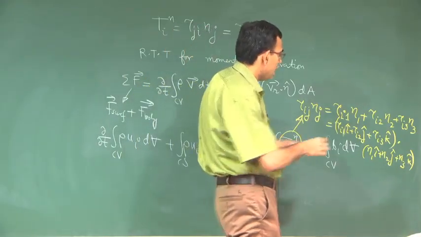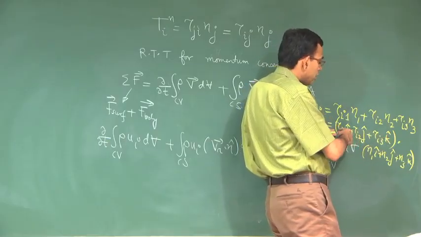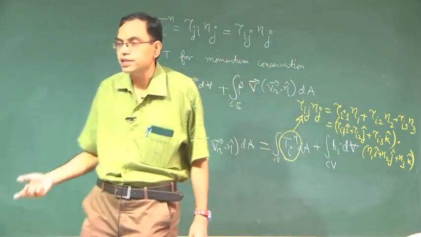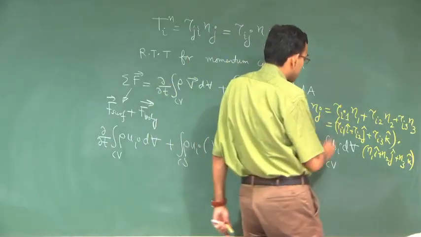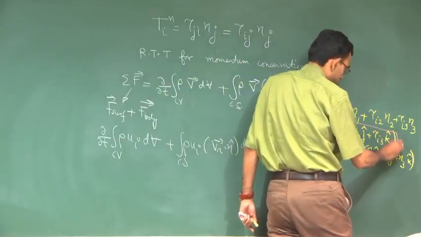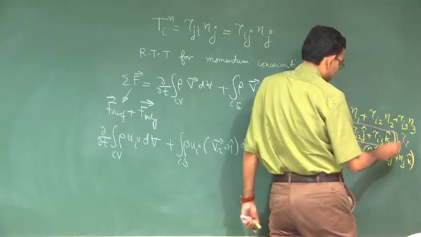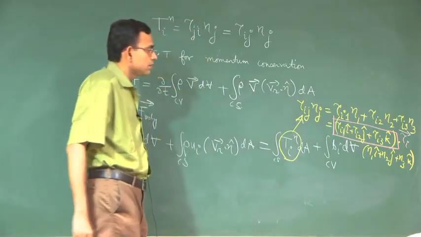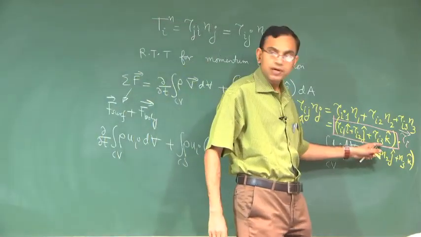So this is an artificial vector that we have created by combining stress tensor components. Sometimes this is also called a stress vector, but this is just an artificial vector created. So here what is the index in the vector?